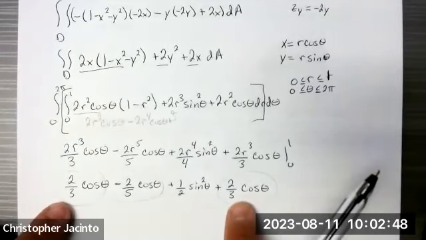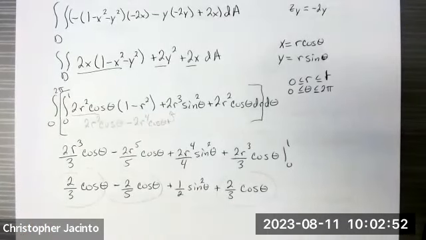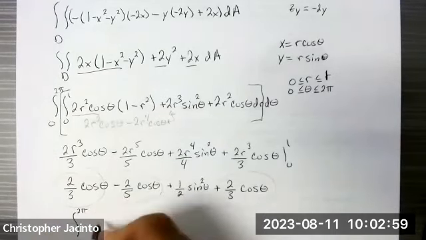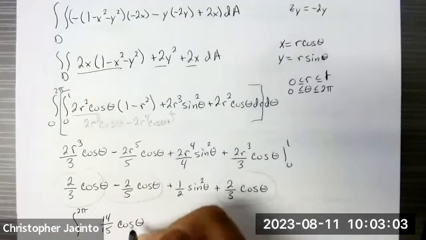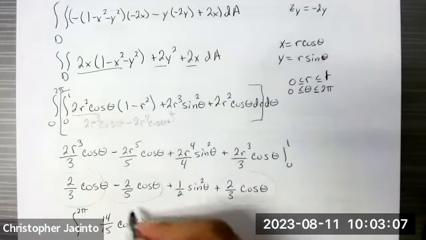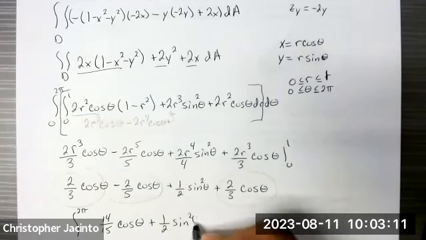So adding these two gives me 4/3, and then subtracting 2/5 from it, I get 14/15 cosine. So 14/15 cosine theta plus 1/2 sine squared theta d theta.